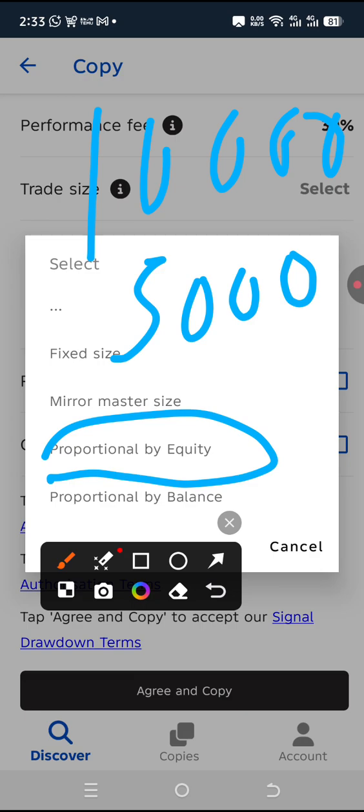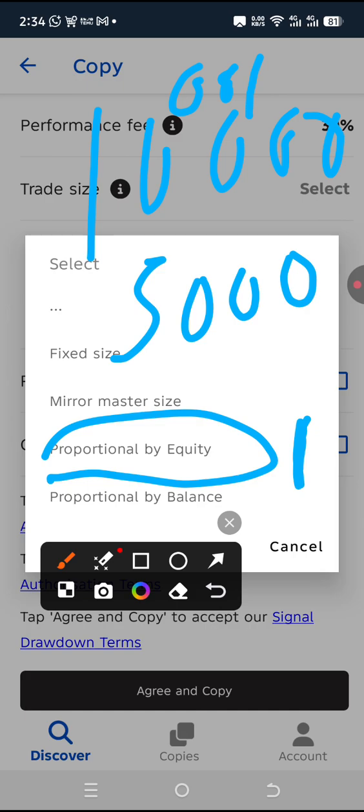So if you choose your proportion as one, but by equity, that means the capital you are having. If this trader is using 0.1 to trade, you will be using 0.05 at that time. I mean, the system will automatically trade you on 0.05 at that time.